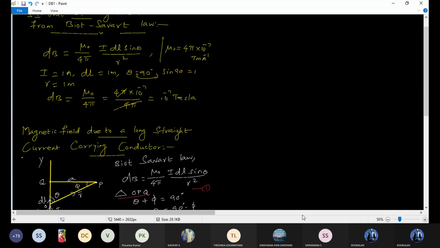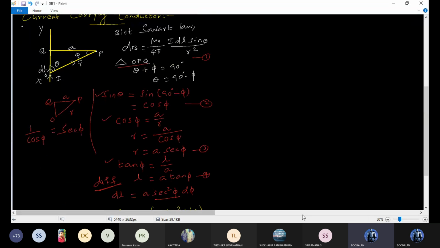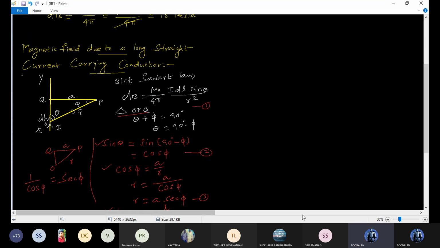From the second topic, the magnetic field due to a long straight current carrying conductor. Using Biot-Savart law, dB equals mu naught divided by 4 pi, I dl sin theta divided by r square. Now we are finding the dl value and sin theta value. For that I take right angle triangle OPQ. Theta plus phi equals 90, then theta equals 90 minus phi.